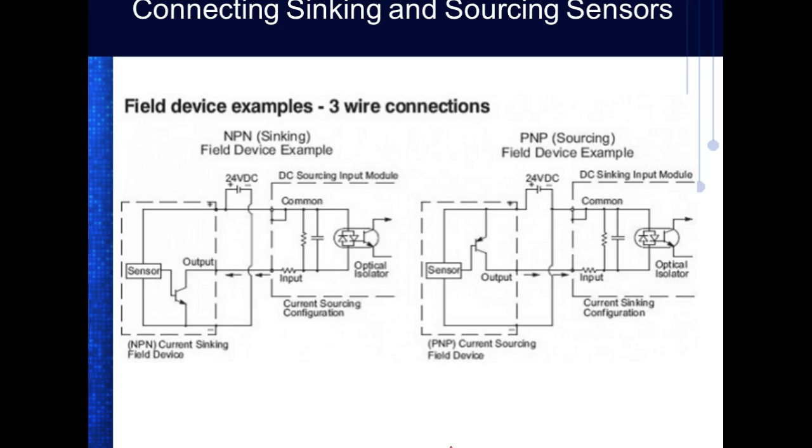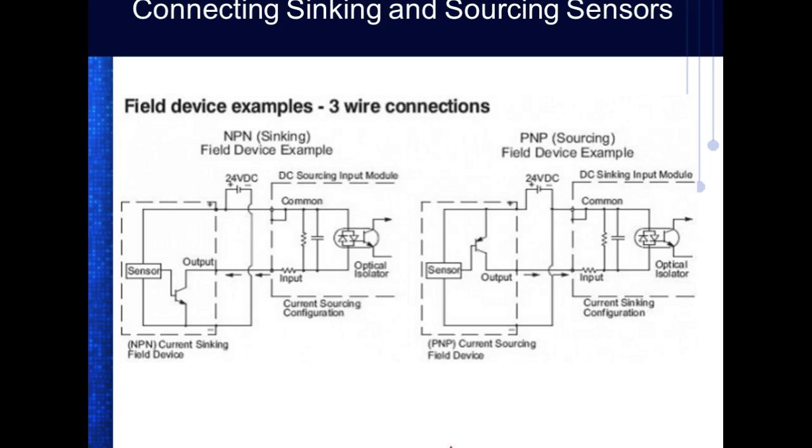But if I'm using an NPN sensor, I'm going to hook it up to a sourcing input. Because my sensor's providing the negative, so my PLC input has got to be providing the power. That makes sense?